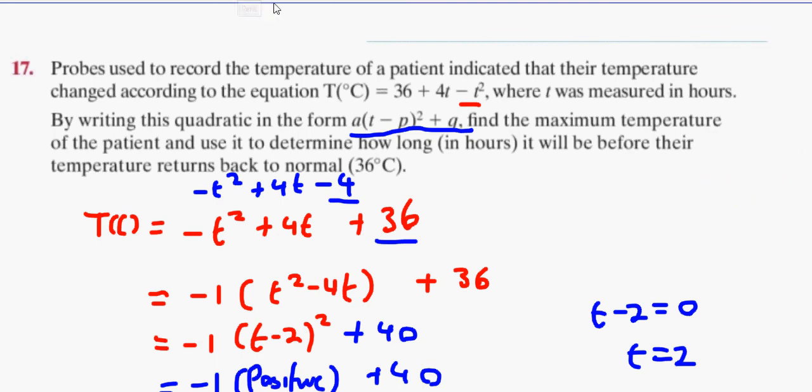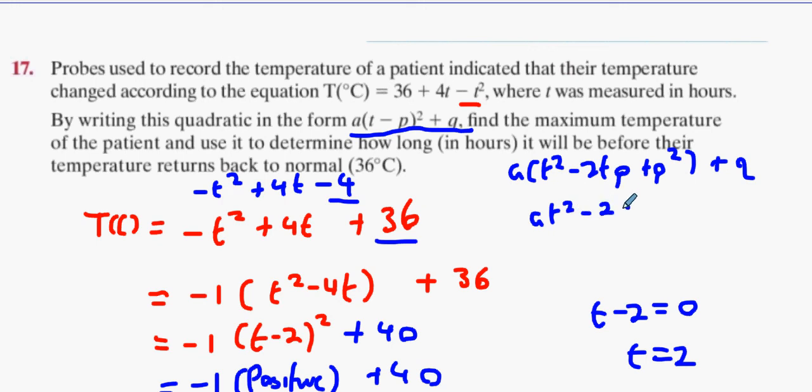Once you multiply out this identity, you'll get a into t squared minus 2tp plus p squared plus q at the end, and then we'll just have at squared minus 2atp plus ap squared plus q. And you could do what you did a couple of chapters ago.